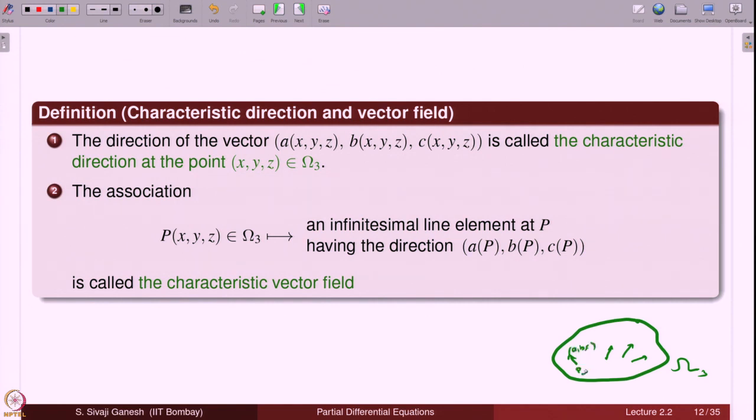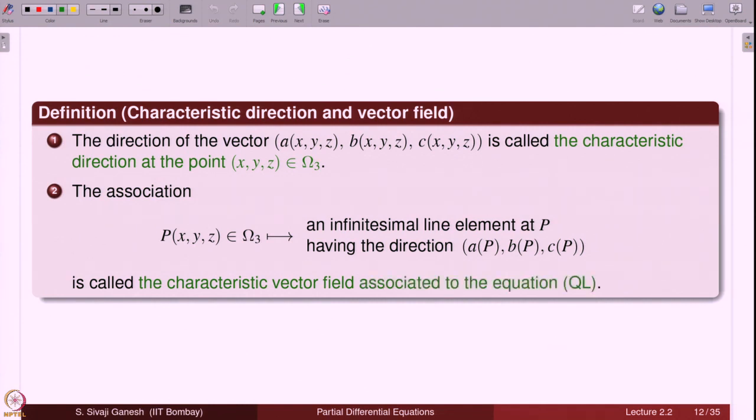Of course, it varies from point to point, and so on. So this is called the characteristic vector field associated to the quasi-linear equation QL. If you change the equation, ABC will change, therefore this association will also change.